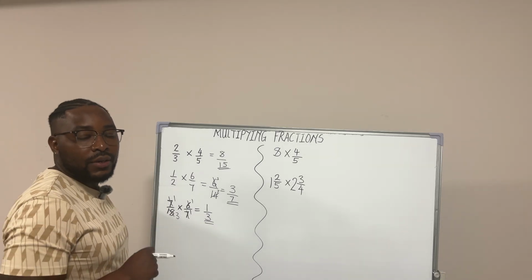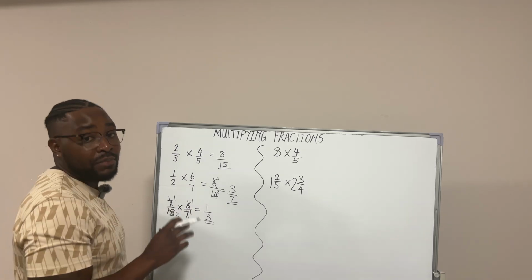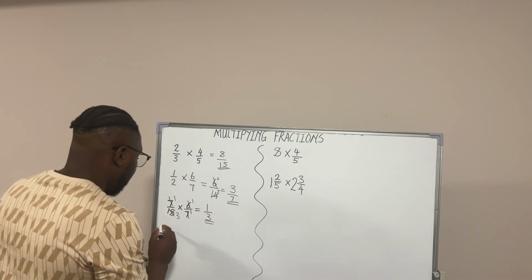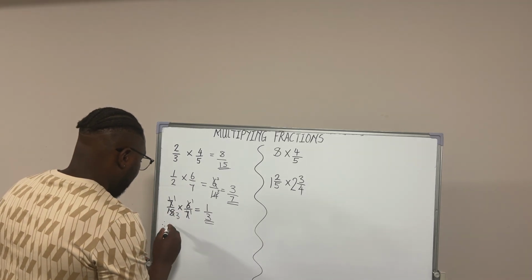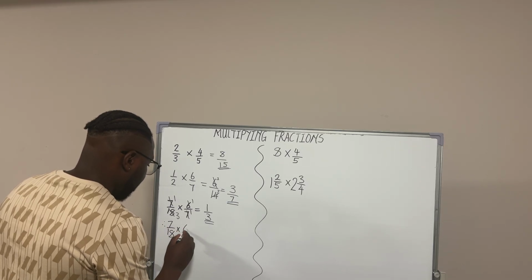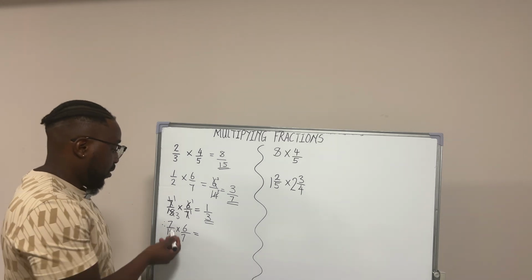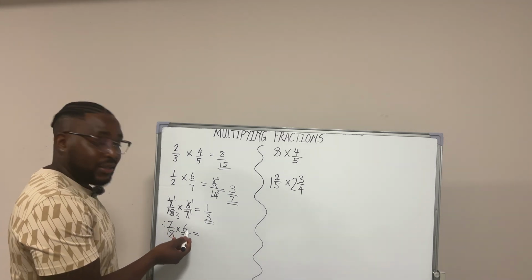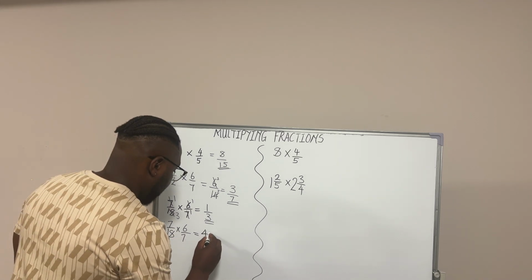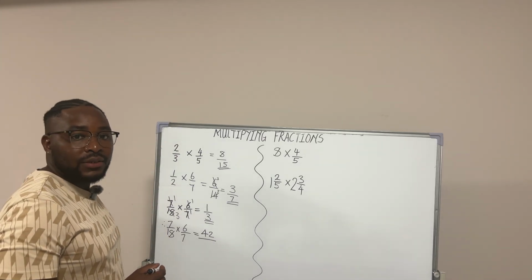Now let us use the second method, where we just multiply directly without simplifying. Let me write it down here. 7 multiplied by 6 is 42.